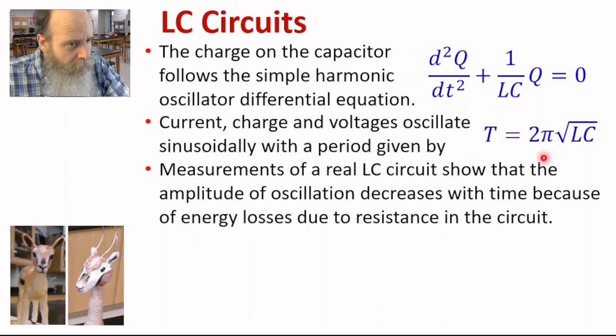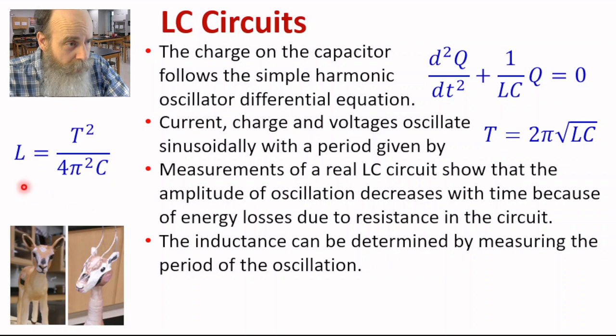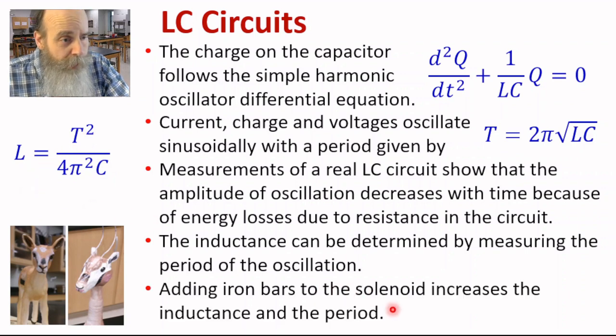Measurements of a real LC circuit show that the amplitude of oscillation decreases with time because of energy losses due to resistance in the circuit. The inductance can be determined by measuring the period of the oscillation using this equation. L is T squared over 4 pi squared C. So if we know C, we can measure T and determine what the L is. And when we add iron bars to the solenoid, we increase the inductance and the period.